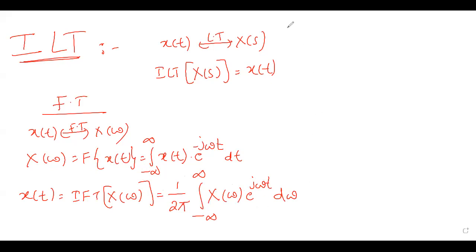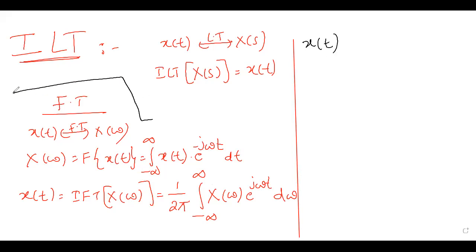Okay. This is a concept related to Fourier transform, right? In the same manner, x of t is also nothing but the inverse Laplace transform of the S domain function.